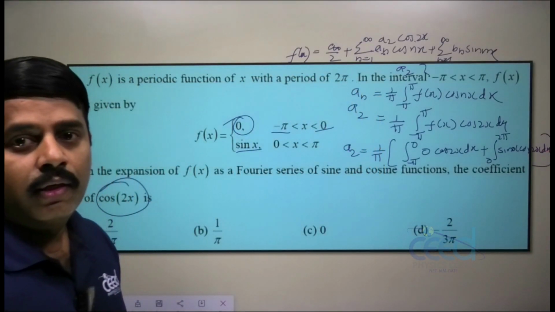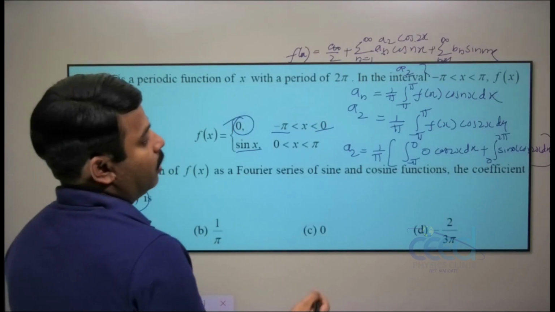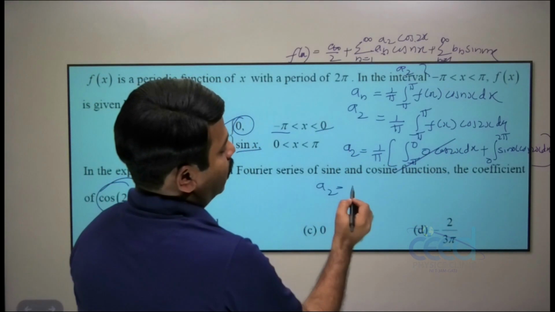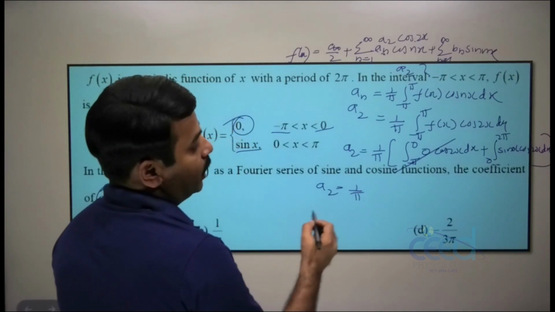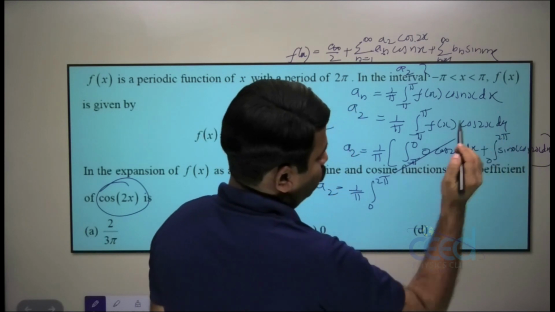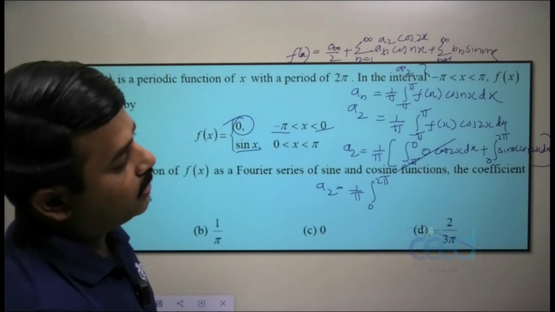Now a2 is equal to, this part is 0, 1 by pi into integral 0 to pi of sin x cos 2x. How can I write that?